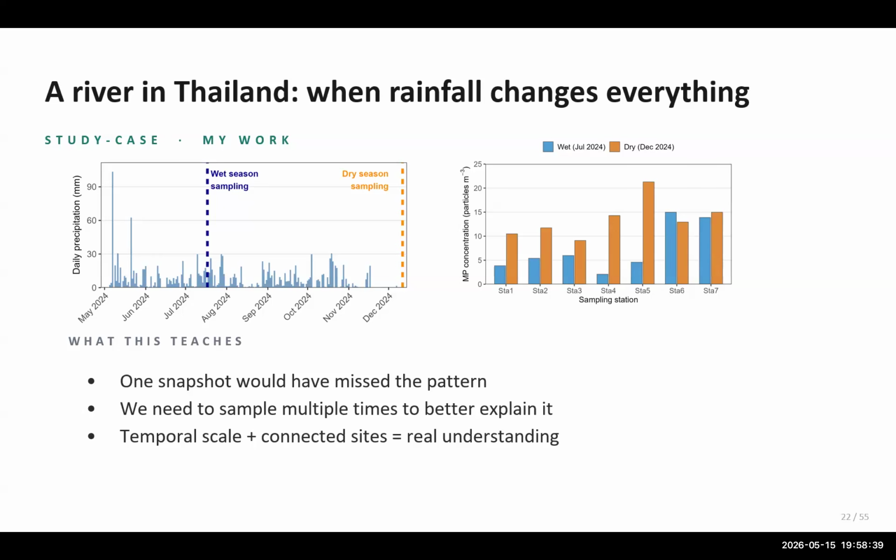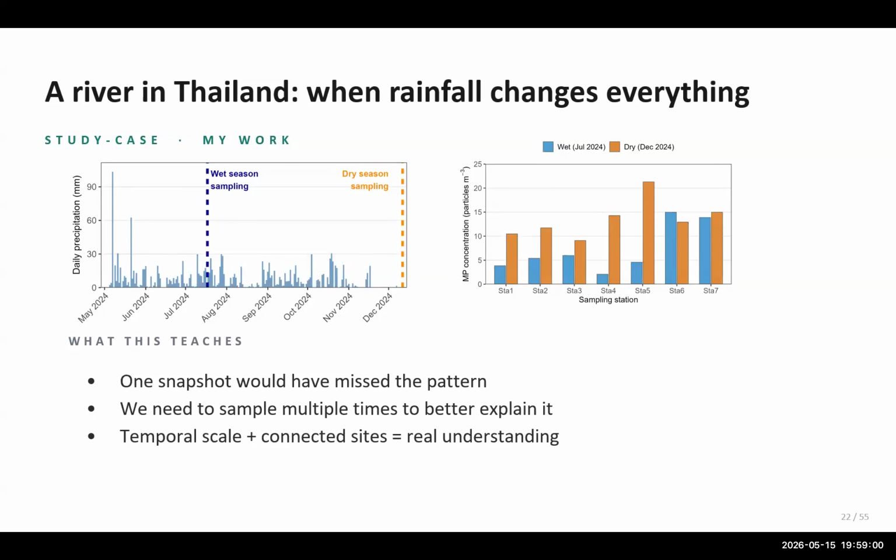And in the case of the dry season, there was mostly no rain. So the concentration of microplastic in the water maybe was higher or similar to the wet season. And the pattern we were expecting didn't happen. And this is explained because this depends on the day we go to measure.